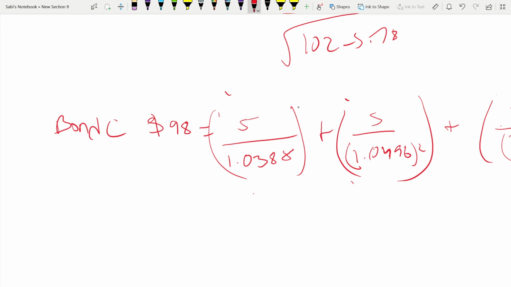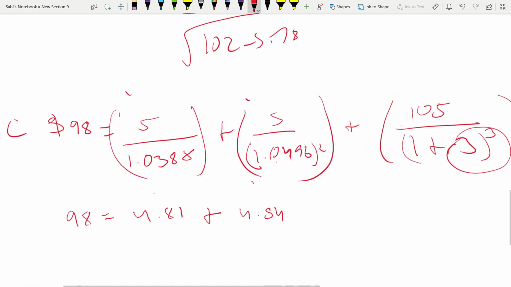So it will be 98 equals 5 divided by 1.0388, which is 4.81, plus 5 divided by 1.0496 squared, which is 4.54, plus 105 divided by 1 plus R3 to the power 3.